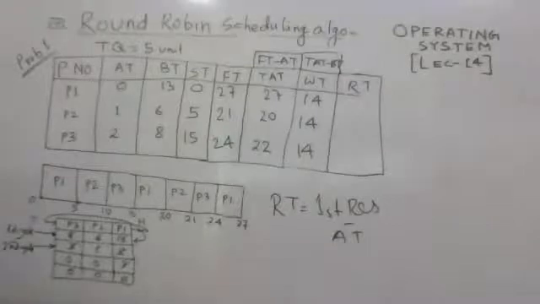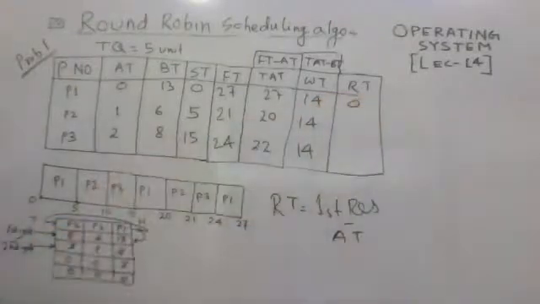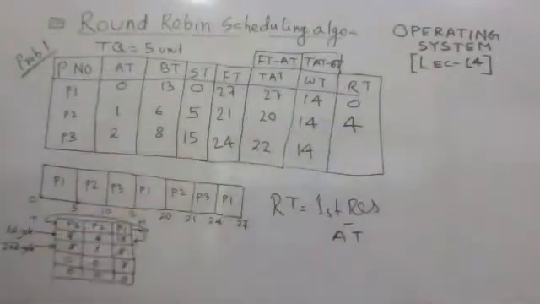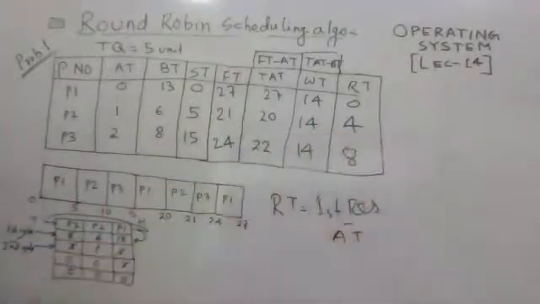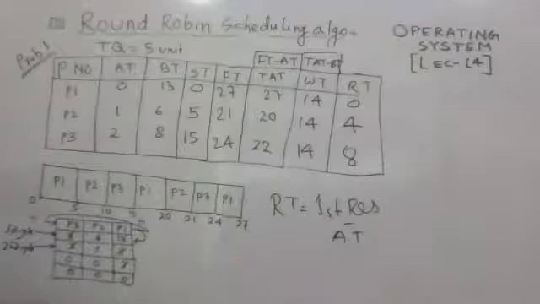So first response 0 minus arrival time 0, this is 0. Now for P2, the first response is at 5. So 5 minus 1, that is 4. And in case of P3, the first response is at 10, so 10 minus 2, that is 8. So these are the response times for P1, P2 and P3.